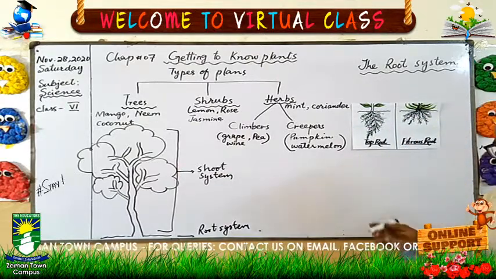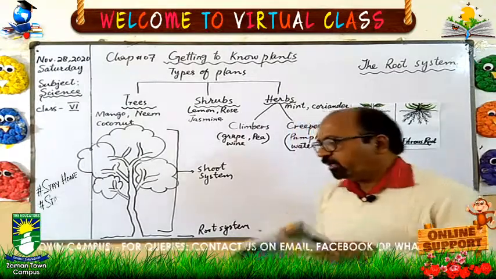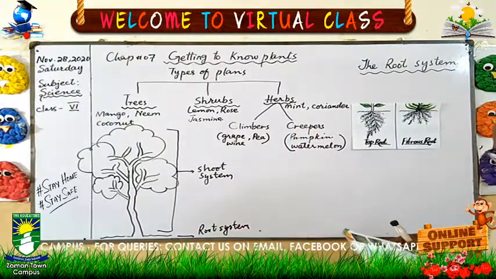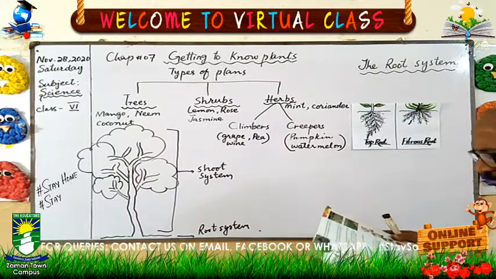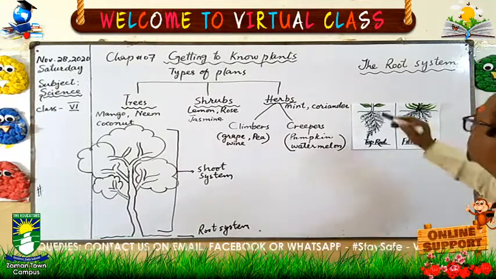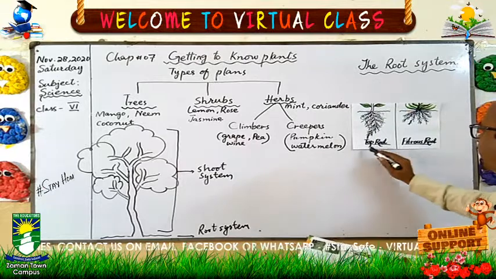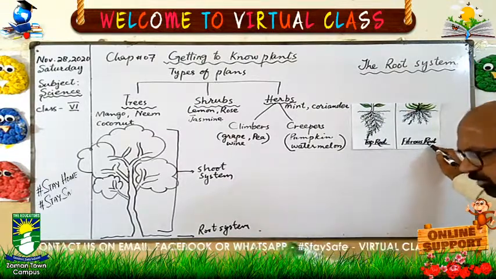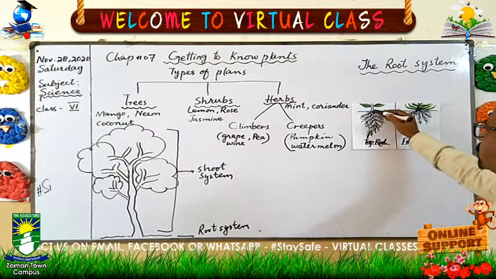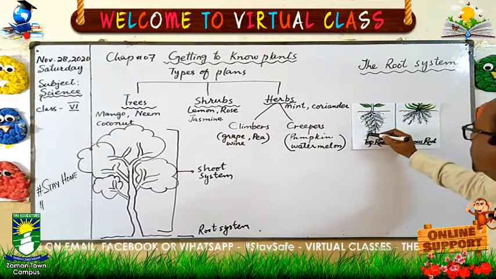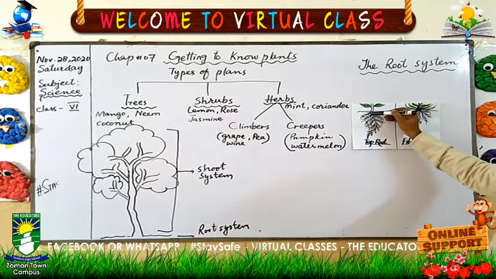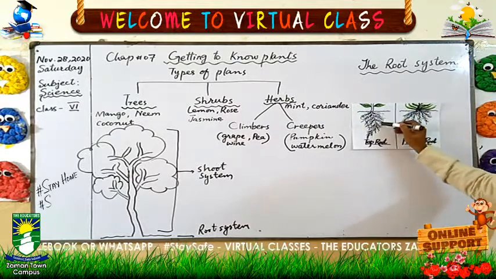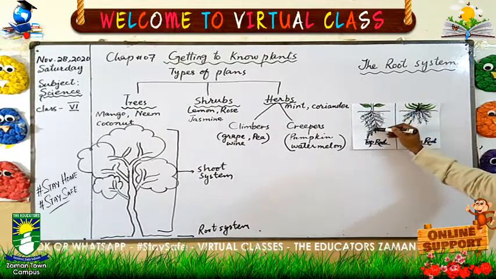Now how many types of roots are there? Roots are of two types: taproot and fibrous root. Taproot is the main root. See, this is the ground, and these are different roots, but this is a main root.